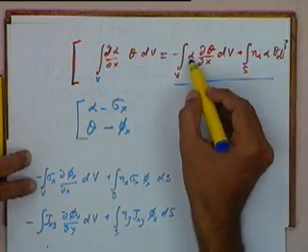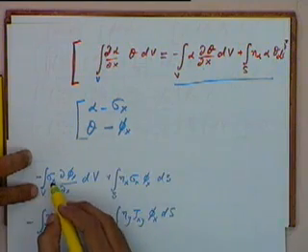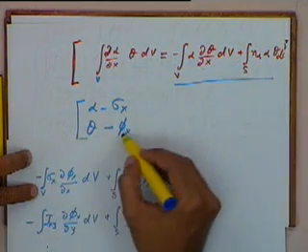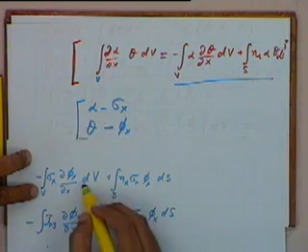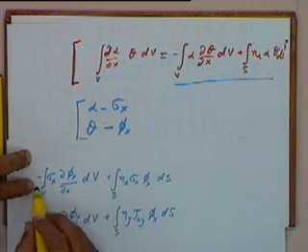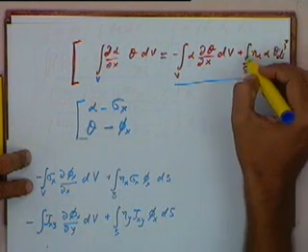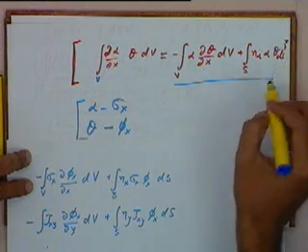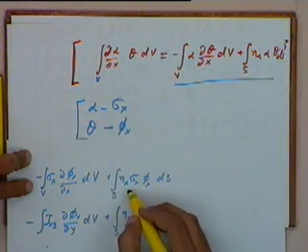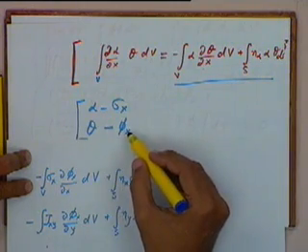In this expression, instead of alpha, I have put sigma x, so I get the integral of sigma x, and instead of theta I am putting phi x. So, del phi x by del x times dv, the volume integral of that with the minus sign, plus the surface integral of n alpha alpha theta ds. Now, n alpha in this case becomes nx, alpha is the same as sigma x, and theta is the same as phi x.